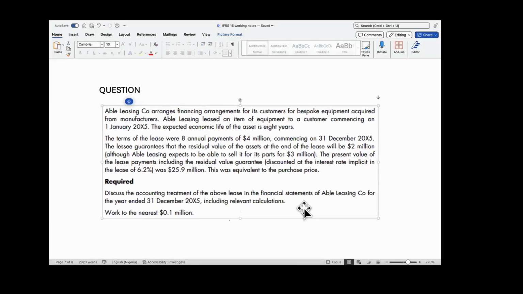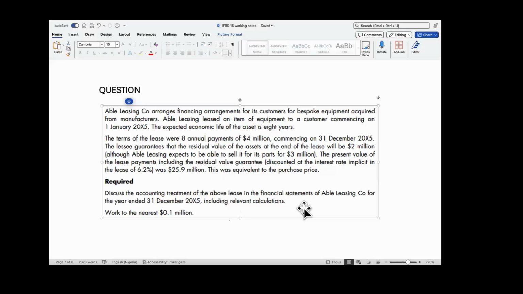Able Leasing Co. provides financing arrangements for its customers for bespoke equipment acquired from manufacturers. Able Leasing leases an item of equipment to a customer commencing on 1st January 2005. The expected economic life of the asset is 8 years.